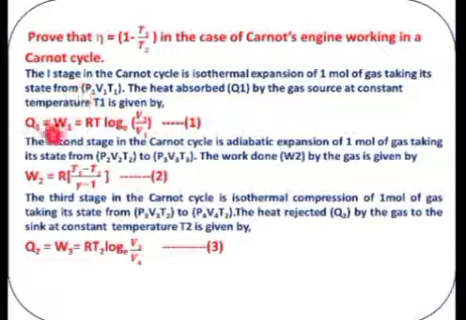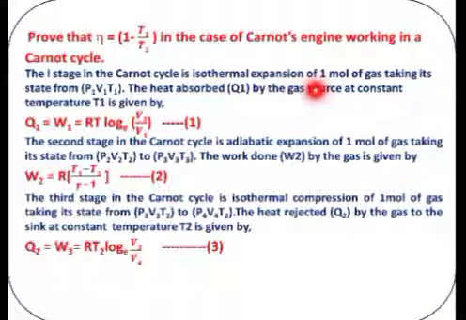This expression we also discussed in the previous videos, and how we got that relation we already studied. So heat absorbed Q1 is nothing but W1 equals RT log of V2 by V1. This is equation number 1, and this is due to isothermal expansion.